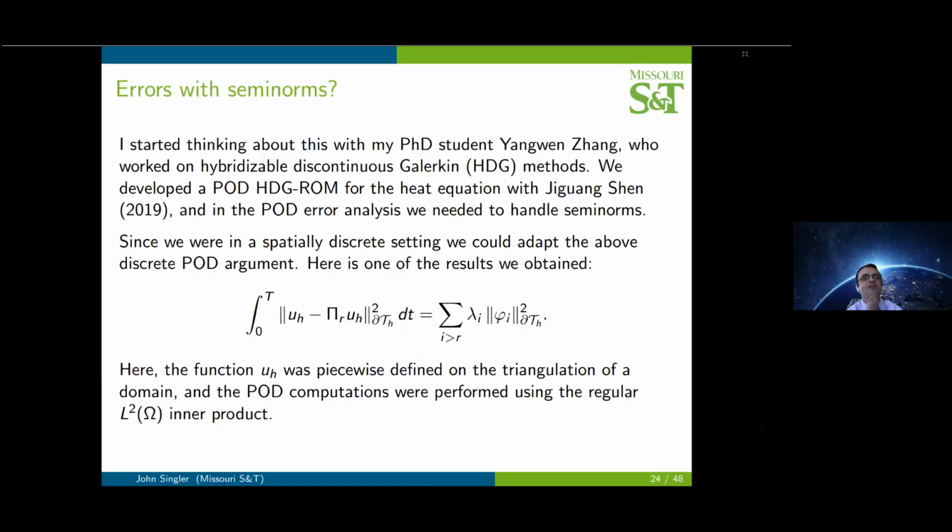I'm just curious. So for the HDG method, HDG works with a mixed formulation, really a stabilized mixed formulation of the heat equation. So the standard thing is there are three variables. There's the solution.